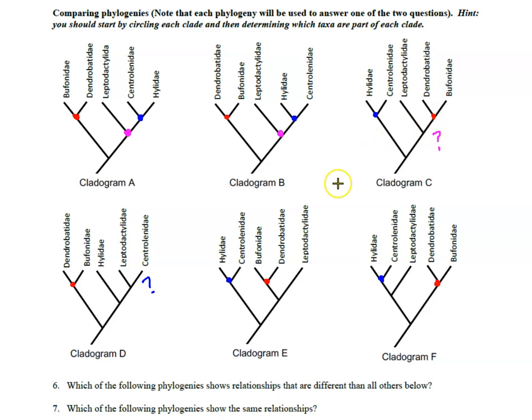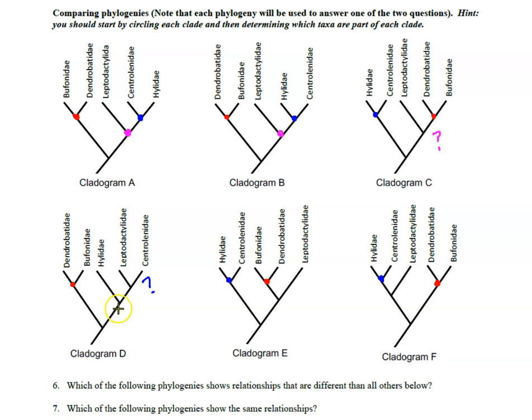So we have a different node here, a common ancestor that predicts that L, D, and B share a common ancestor, not L, C, and H. So my little pink question mark. How about over here? Are L, C, and H sharing that same common ancestor? Well, yes, but no, right?